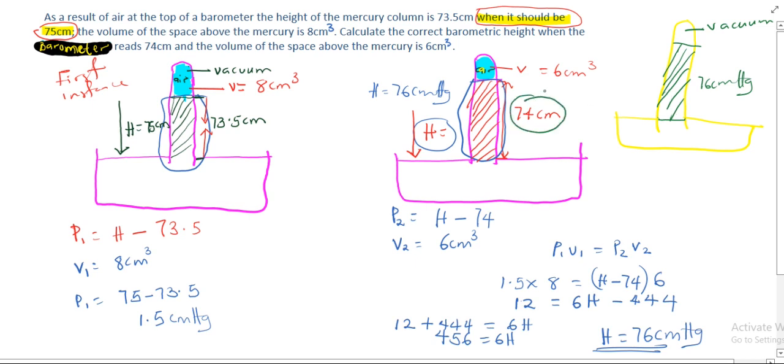But because there was air here, that was what gave us this wrong barometric reading. So I believe this is very much clear enough.